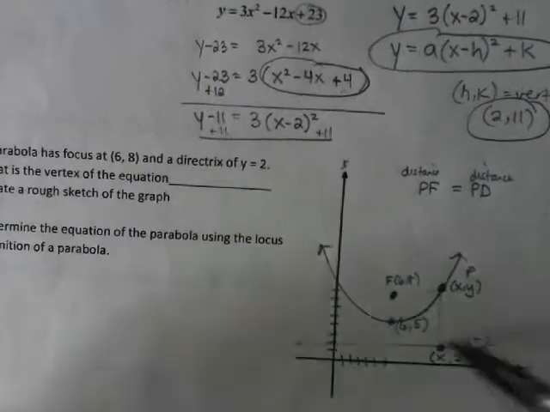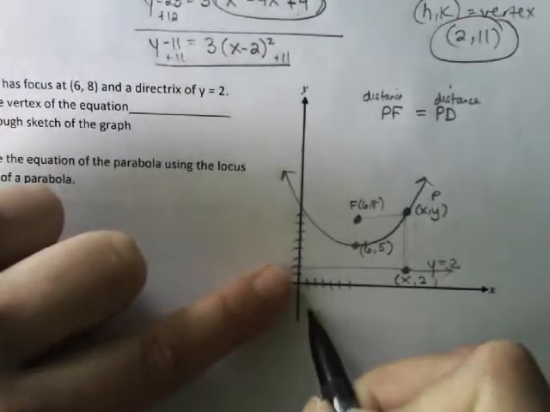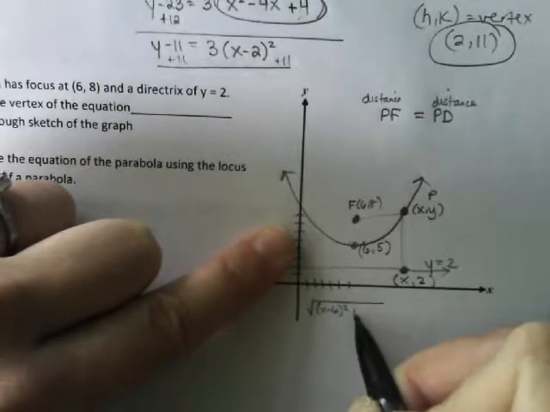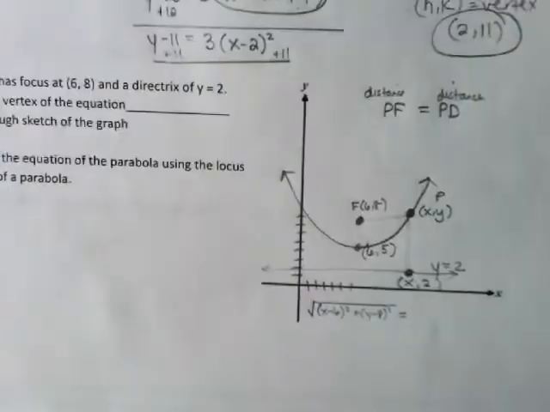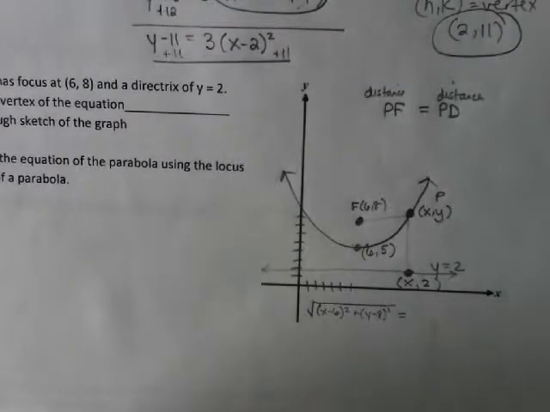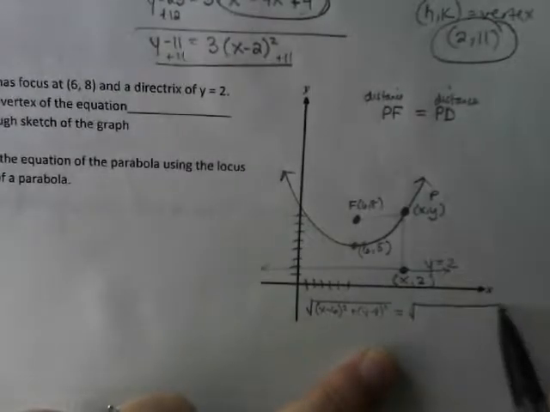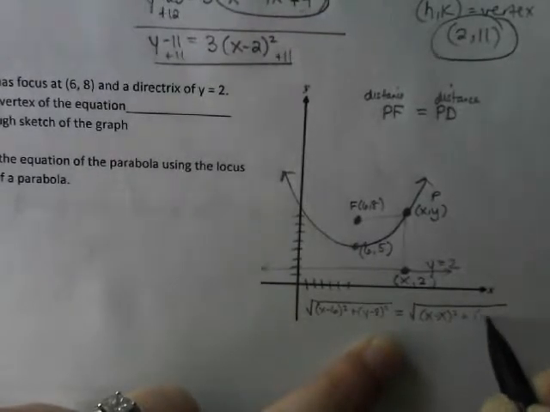So that now we can do the distance formula between point and focus. So we have the square root of (x minus 6) squared plus (y minus 8) squared. And then point to directrix is going to be the square root of (x minus x) squared plus (y minus 2) squared.